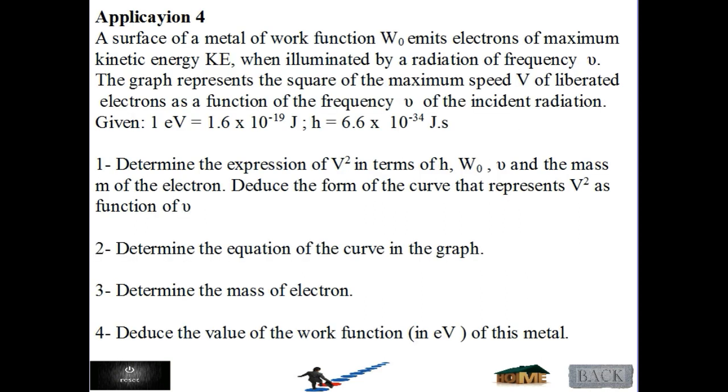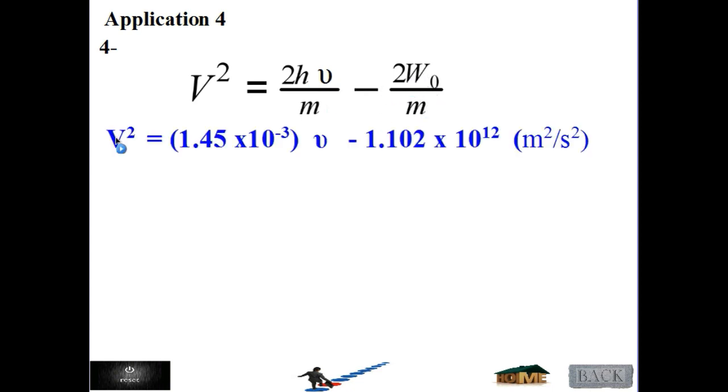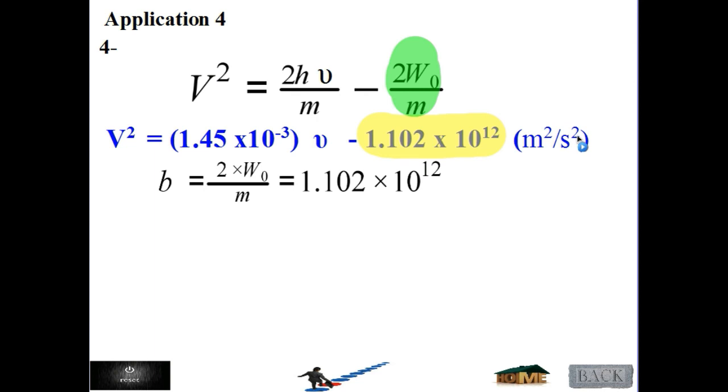Last part 4. Deduce the value of the work function in electron volt of this metal. Again, the relation we have: v squared equals 2h nu over mass minus 2W0 over mass. And the equation of the graph, already we know it. By comparing the two equations, b equals 2W0 over mass, which is equal to 1.102 times 10 to the power 12.